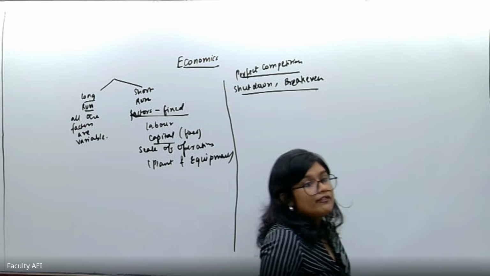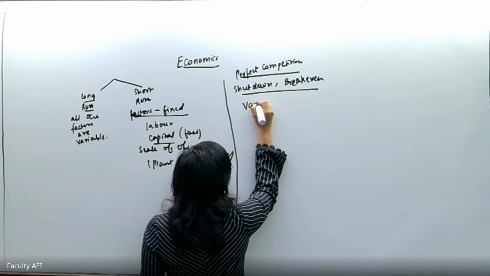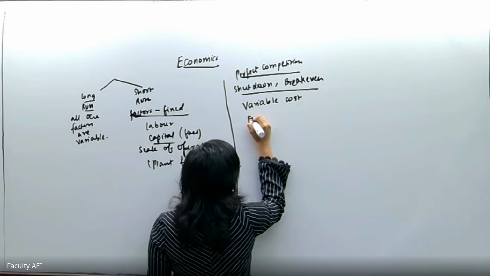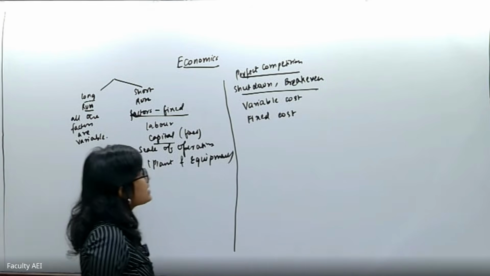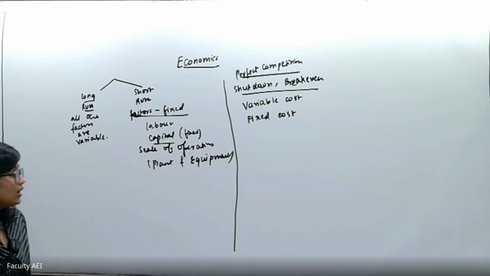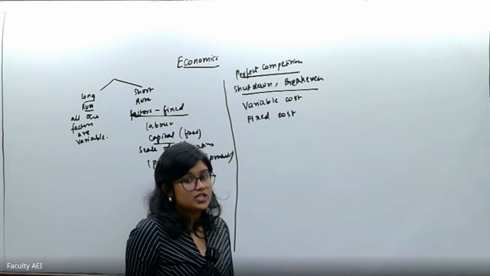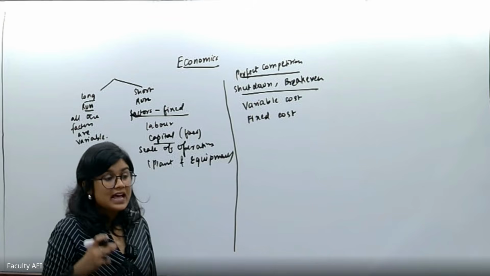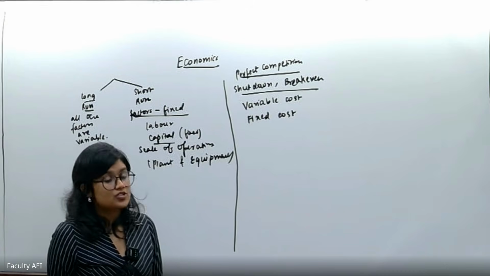Now, for a firm, there would be some variable cost and some fixed cost. Variable costs are the costs that depend upon how much production you are doing. So they keep on changing. Let's say there's a firm that has some permanent employees and keeps on employing some people depending upon the level of production.